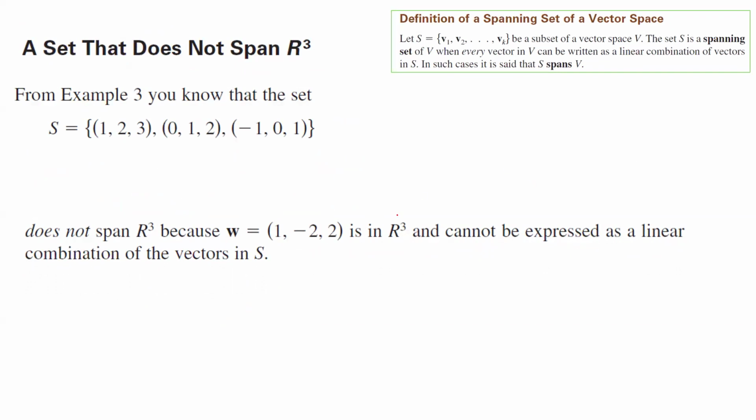Because (1, -2, 2) is in the space and cannot be written as a linear combination of these vectors in S. So not all sets that you see form a spanning set for a vector space. We should be able to write any random vector as a linear combination of the vectors.